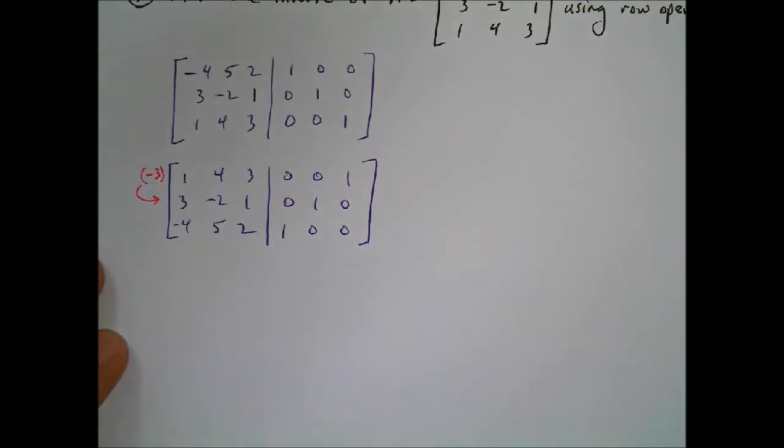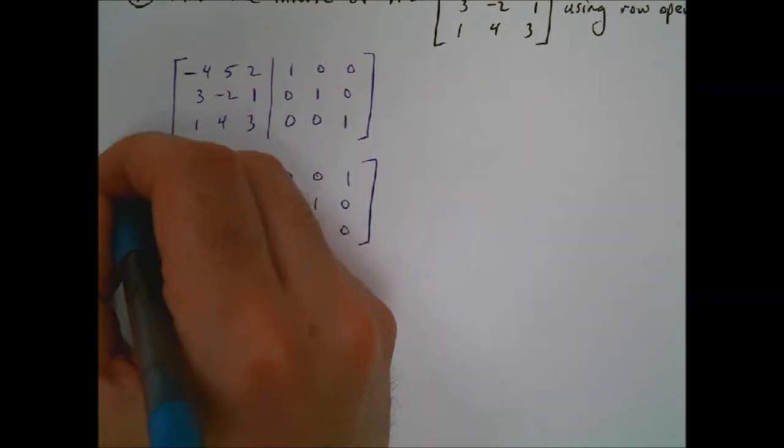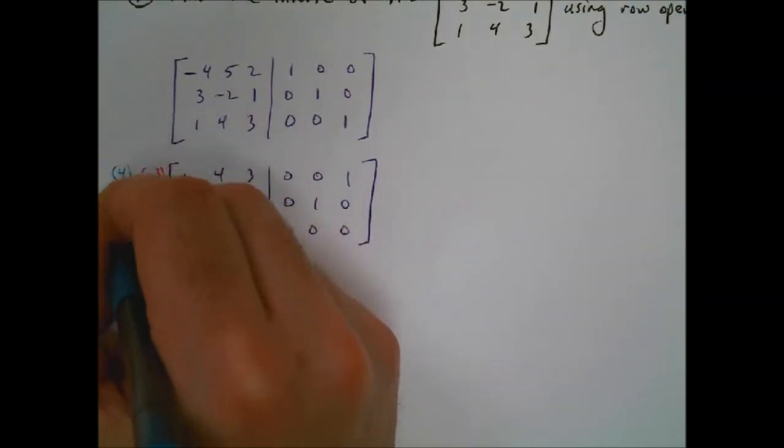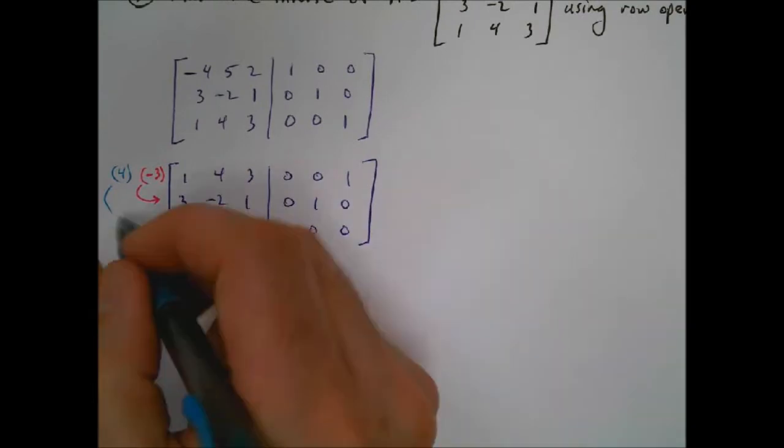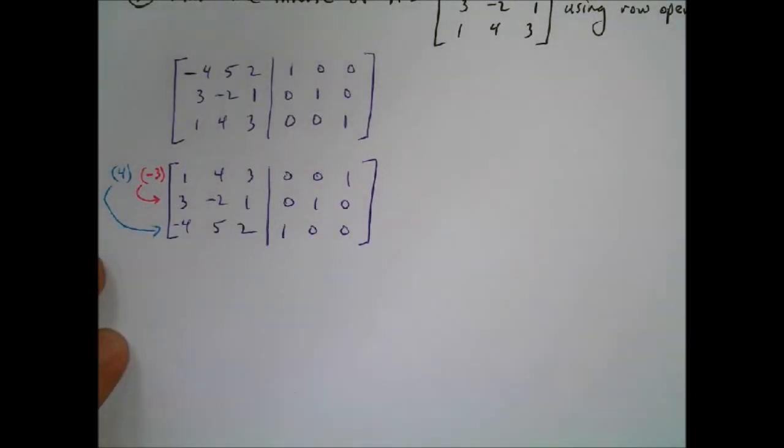And I can even do this on the same step. I can multiply the top by 4 and combine it with the bottom row to get that 0 right there.